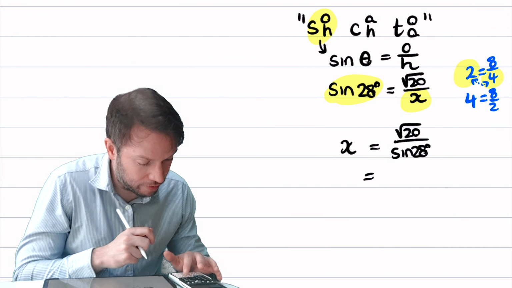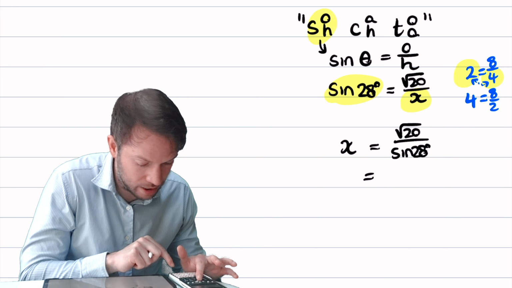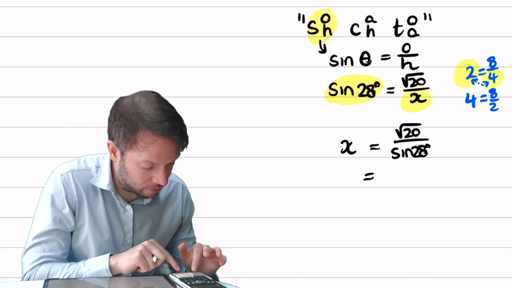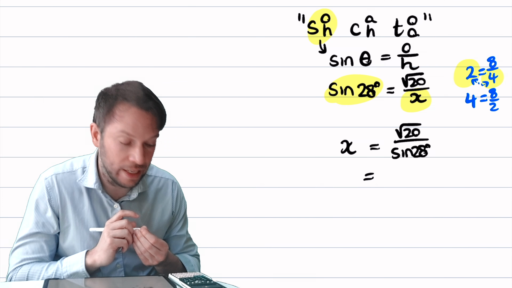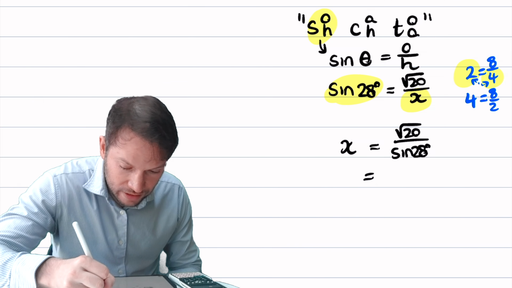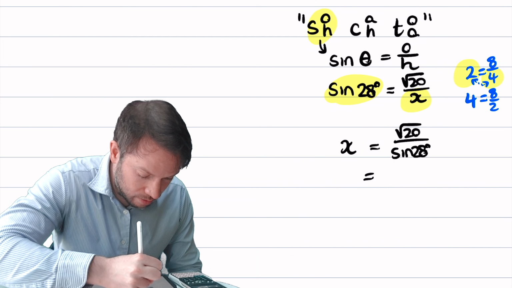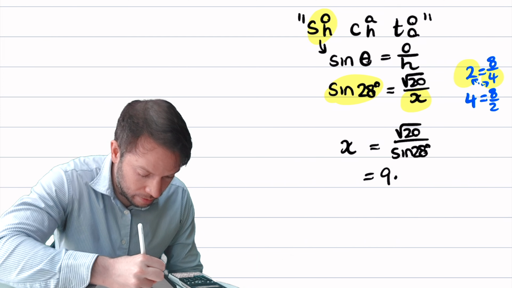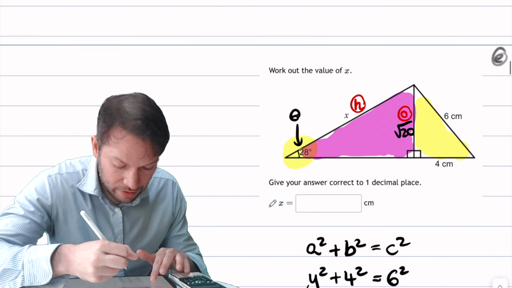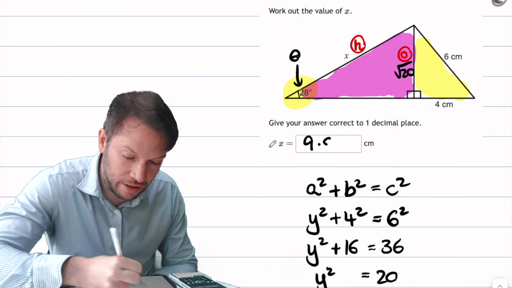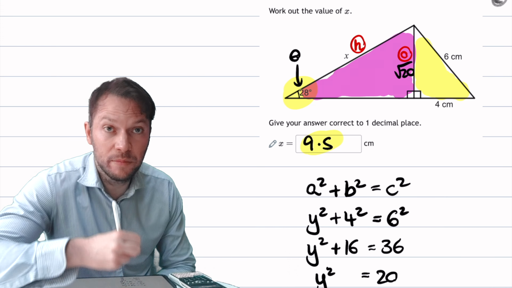So I'm going to press the fraction button, then root 20 over sine of 28. Don't worry about how your calculator works out sine. You learn that later on in school. And you get 9.5. And how many decimal places? One decimal place, so 9.5 will do. So the answer is x is 9.5 centimeters, and we're done.